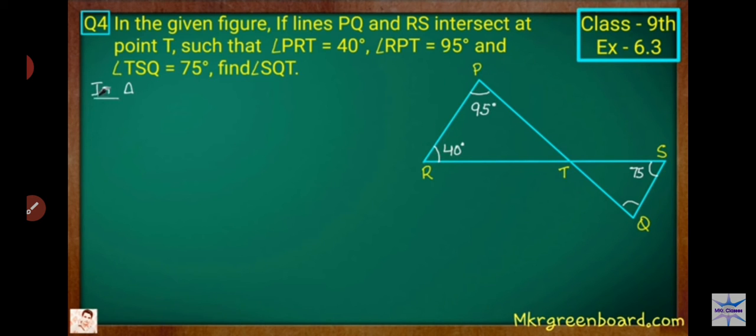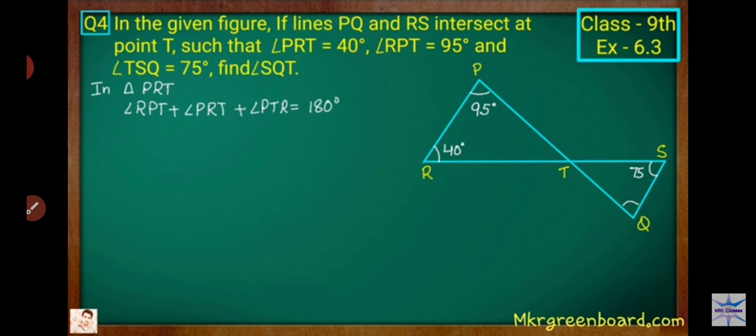In triangle PTR, PRT plus PTR plus RPT is equal to 180 degree, because of the angle sum property of a triangle. It is angle sum property of a triangle.